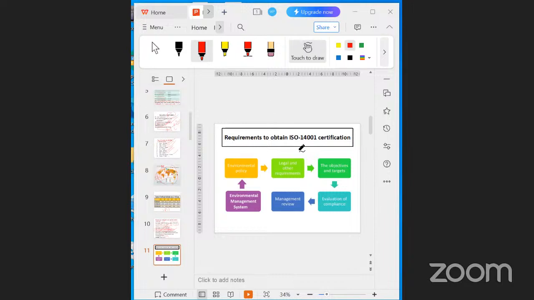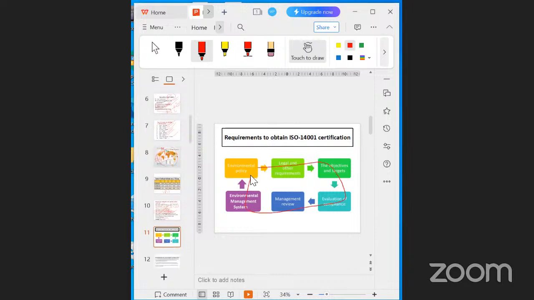So this is the requirement to obtain a certification. So this is the process, right?